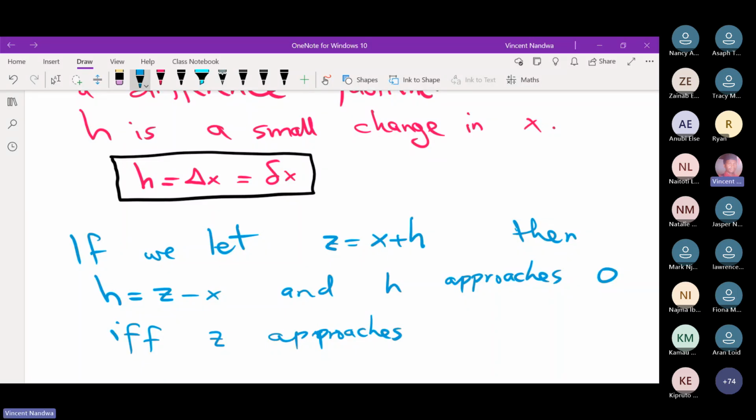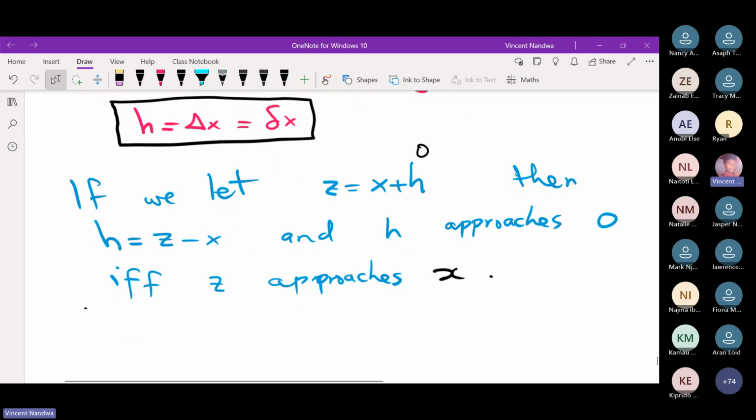As h approaches 0, z approaches x. We can actually see here, even if you do direct substitution, where there's h you put 0, then z equals x. So z approaches x.